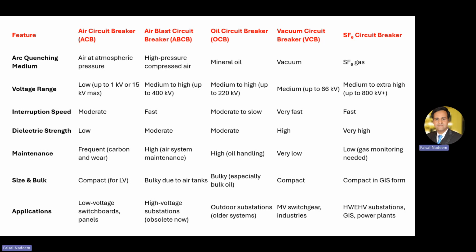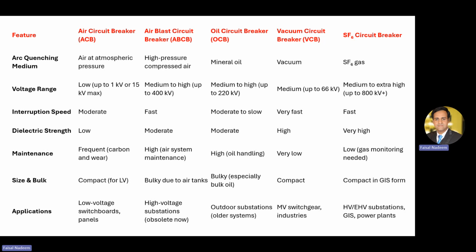Maintenance. Frequent maintenance is required in the air circuit breaker because, as we will discuss in detail, we have arc tubes and arc splitters, so we need to maintain it at a very rapid rate. In air blast, again high maintenance is required.